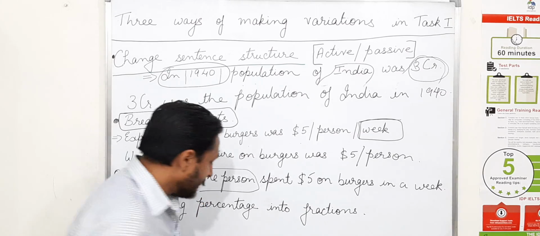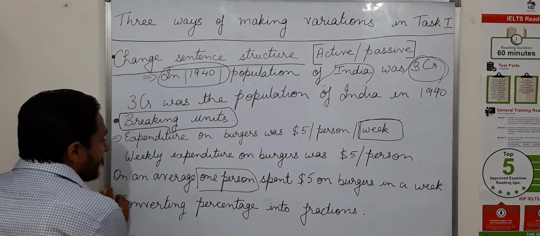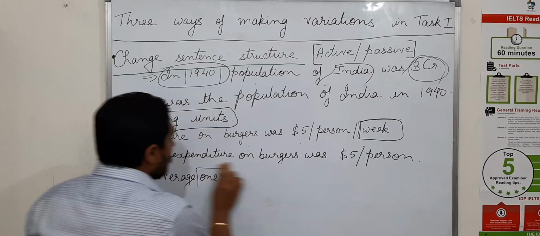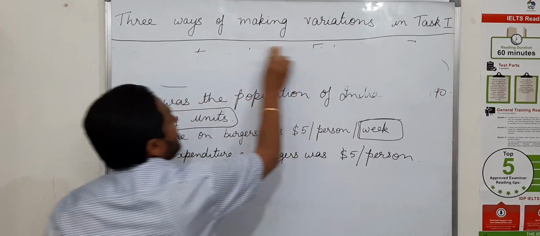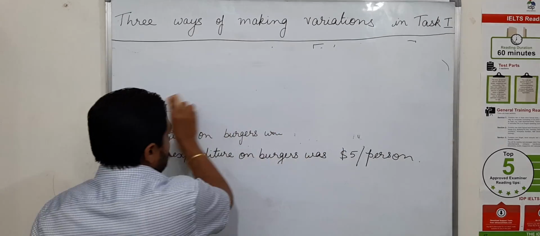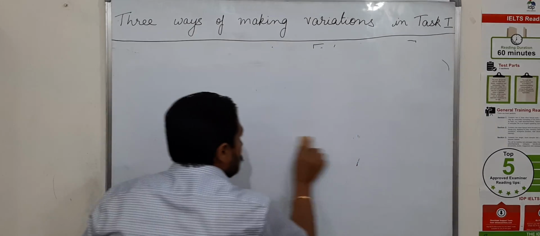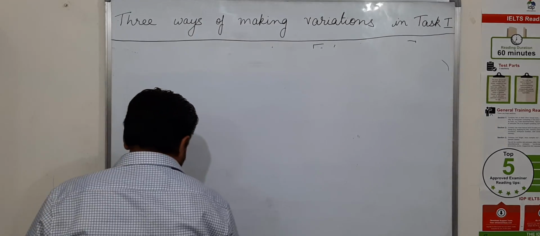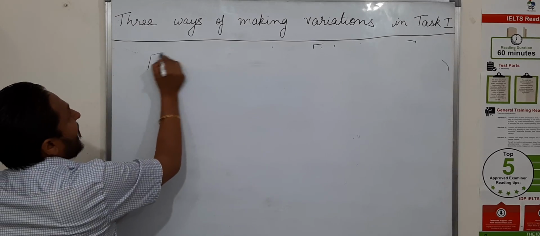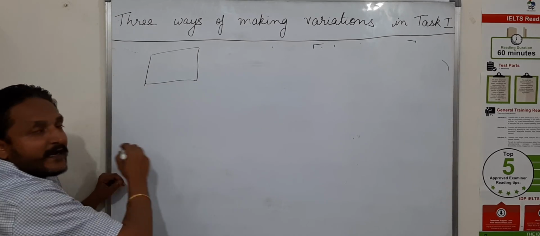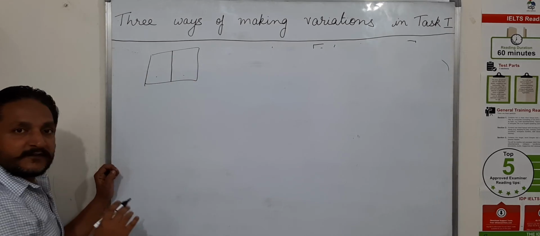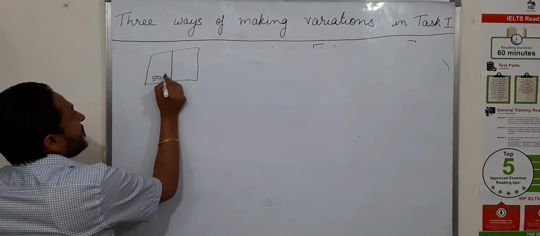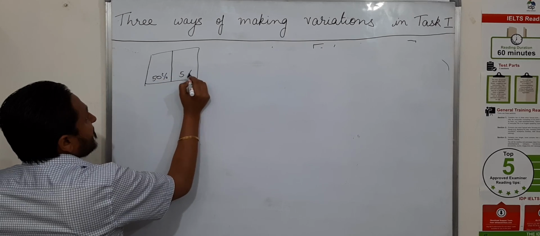So just look at the method of how we can change the percentage into fractions. Okay? Suppose we have a box and we divide it into two equal halves. 50%, 50%.